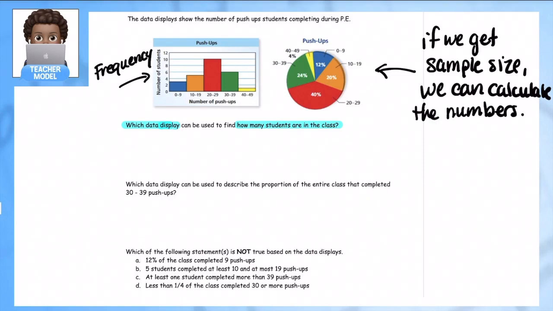But other than that, we can't do it. Like if I knew there were 100 kids, then I can say 40%, 40 out of 100. If there were 100 kids and 20%, I can do 20% is equal to X out of 100. I can do that, but I can't if I don't have the exact number here.